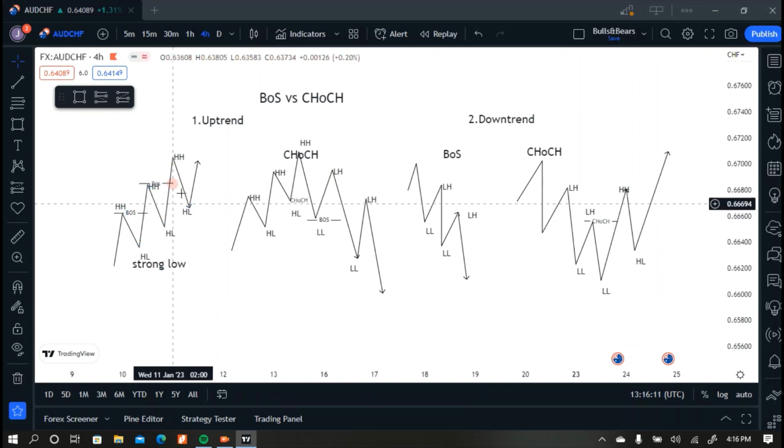When it retraces and moves again impulsively, breaking the high, it means this higher low is a strong low. We will be looking for buying opportunities in this zone, targeting our points of interest in this zone.